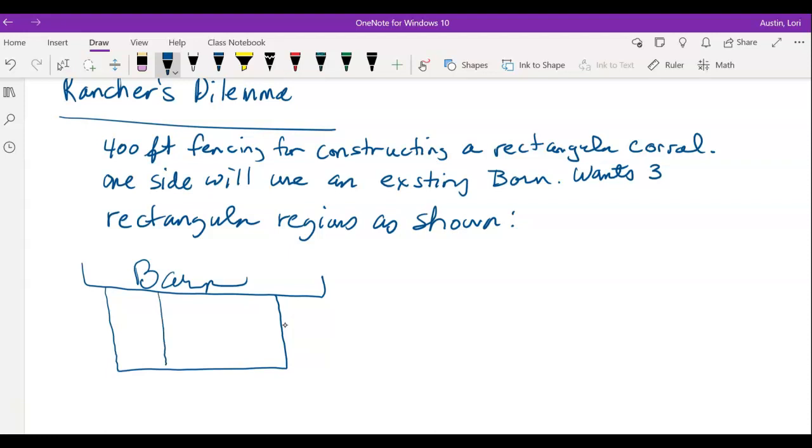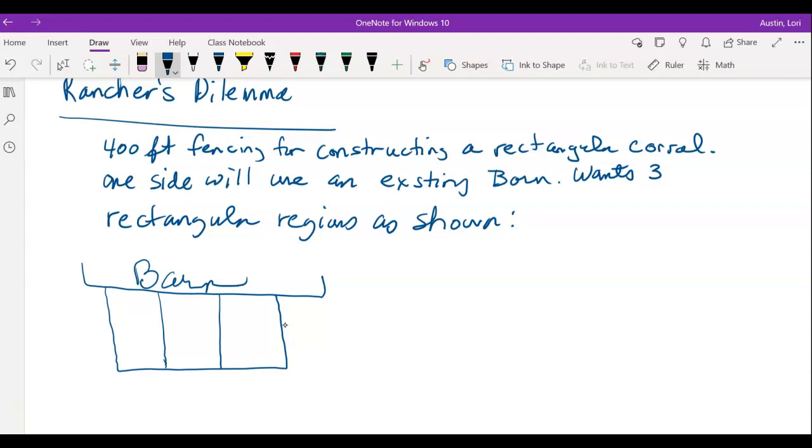Here we go. So this is what we mean. We've got this barn. Once it closes it off, it puts this in for us. Make up this big rectangle. It has 400 feet of fencing to cover 1, 2, 3 outside areas, and to also cover these 2 internal areas. All right.